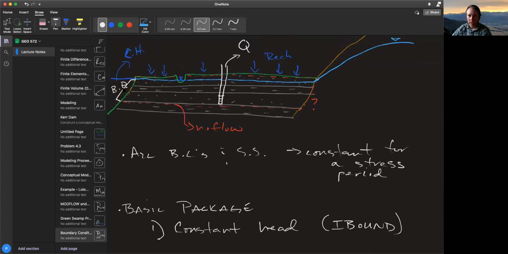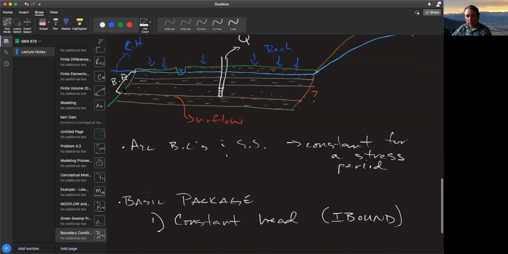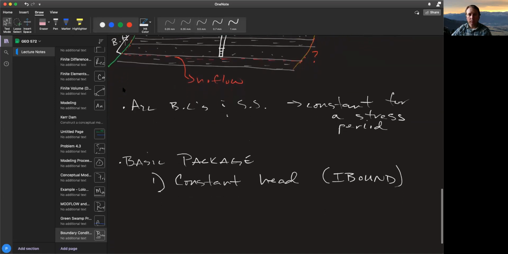Now the other one that we can do here is by essentially not specifying a boundary condition. We don't have to invoke another package for no flow. If I don't assign a boundary condition in MODFLOW, then it will treat all these boundaries as no flow.